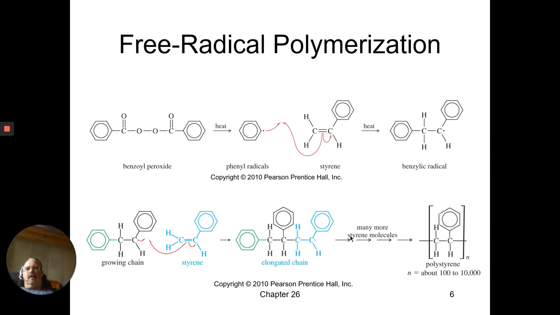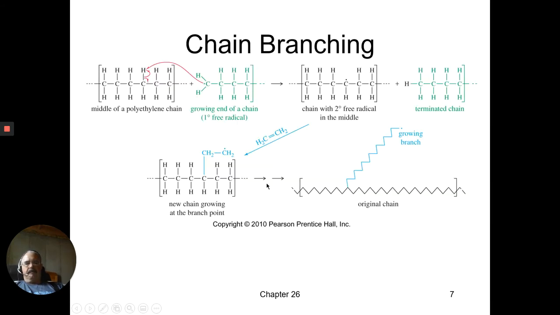Okay, so in free radical polymerization, we start off with benzoyl peroxide. This is, like most peroxides, unstable. All you have to do is heat it, and it forms phenyl radicals. And these phenyl radicals begin a chain reaction. They react with styrene to form this benzylic radical, which is resonance stabilized.